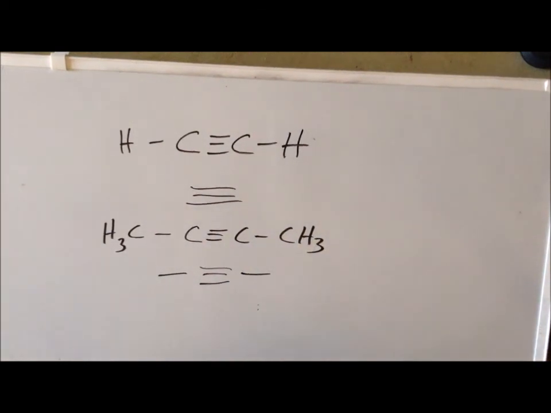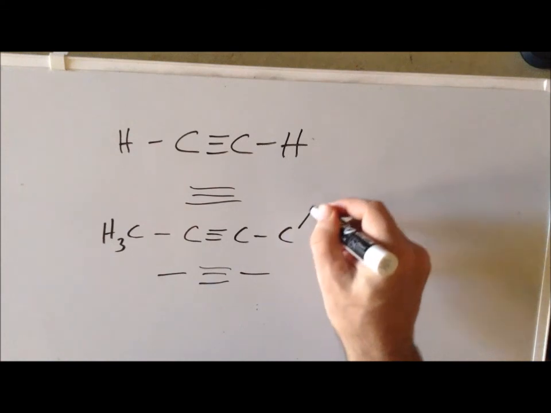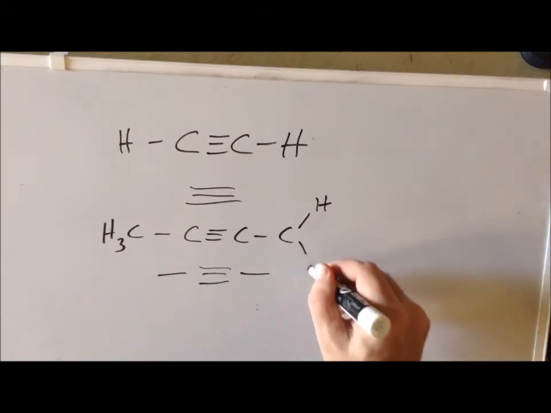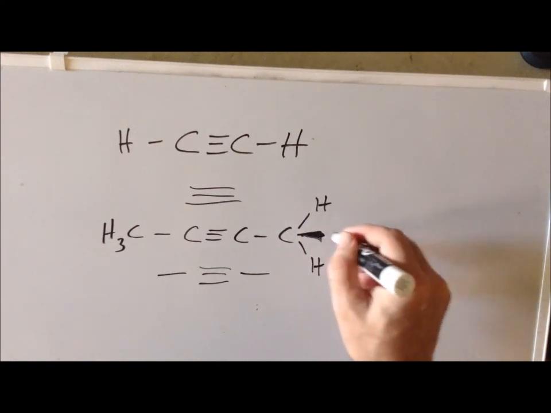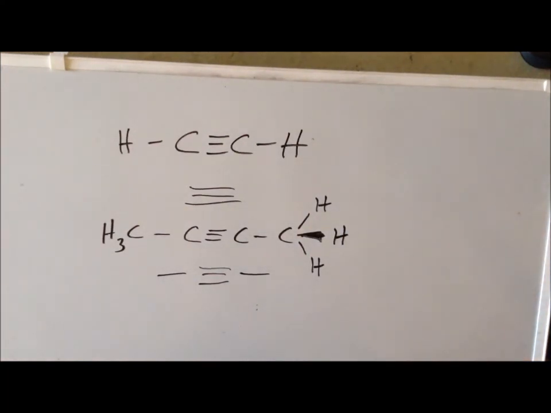At least in one depiction, we can have 2 in the plane of the board, and then one sticking out towards us. So now we notice that none of these 3 hydrogen atoms is in the line of the carbons. So this molecule is not linear.